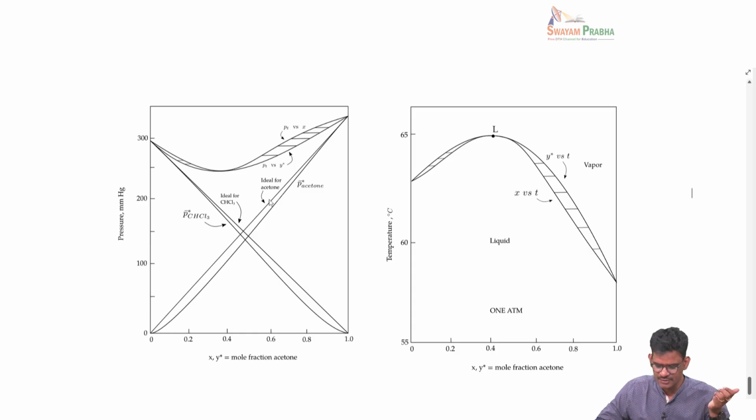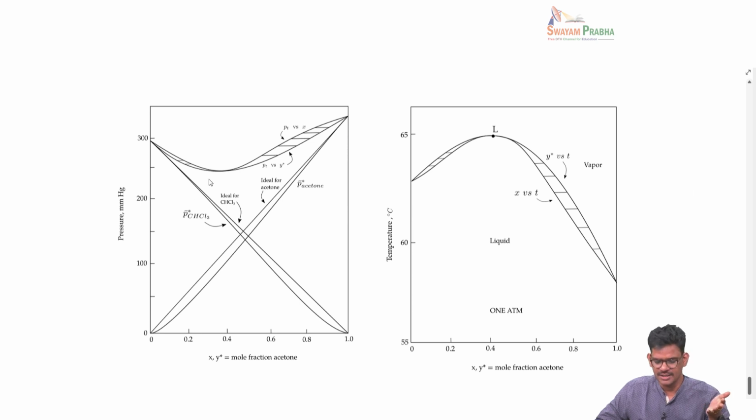Okay, for example, this straight line shows the Raoult's law prediction for an ideal system, whereas the actual pressure falls below the line. Similarly for chloroform also. Okay, because of that the total pressure will go through a minimum, and this minimum can be smaller than the partial pressure of either of these.